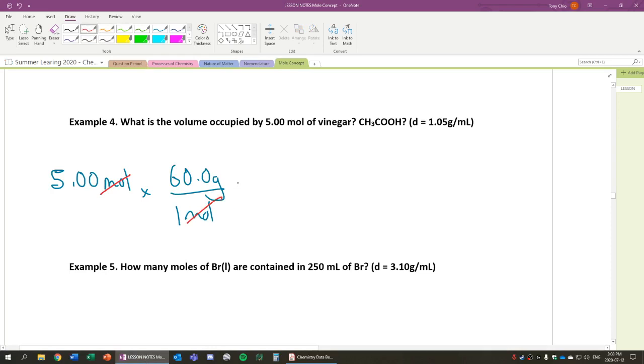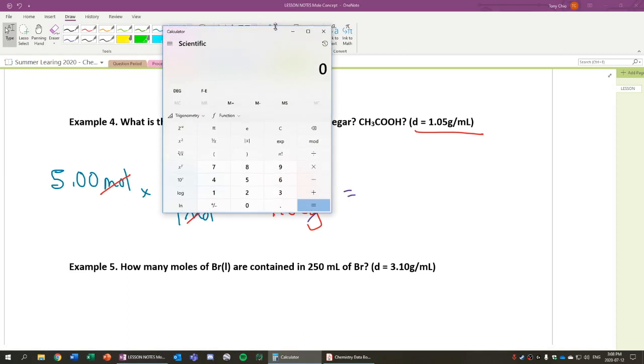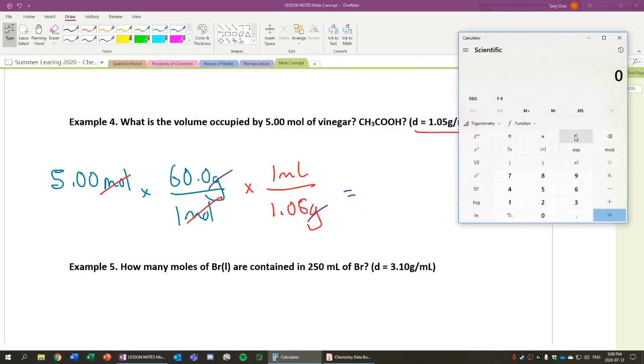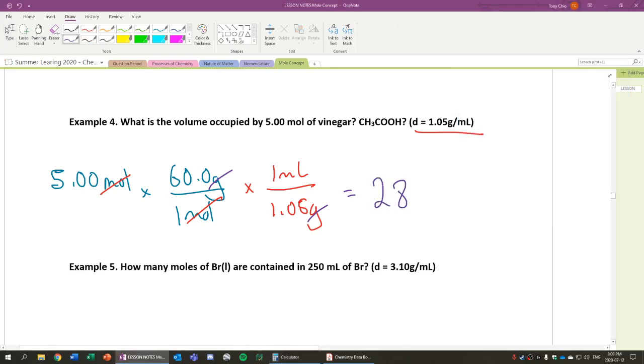Okay, we're at grams now. Now we can get to volume. So now I multiply using density, where I have 1 milliliter over 1.05 grams, and my grams will cancel out. So now I can solve for my answer in milliliters. So 5 times 60 divided by 1.05, and I'm going to get, in 3 sig figs, 286 milliliters as my solution.